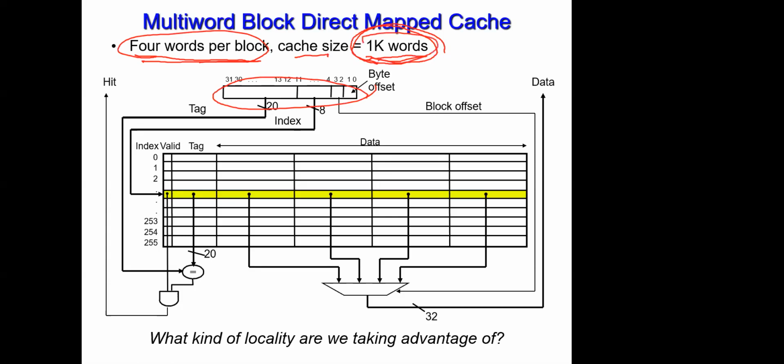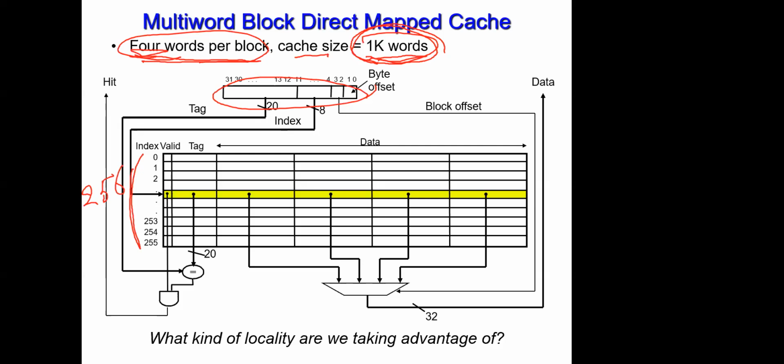So how many blocks do you need? 1K divided by 4. If you do that, it will give you 256 locations, yes? Because 1K actually is not 1,000. 1K, if you remember from the first or second lecture in the review, is 1,024. Correct?